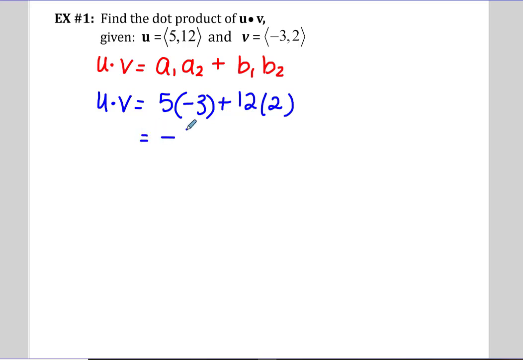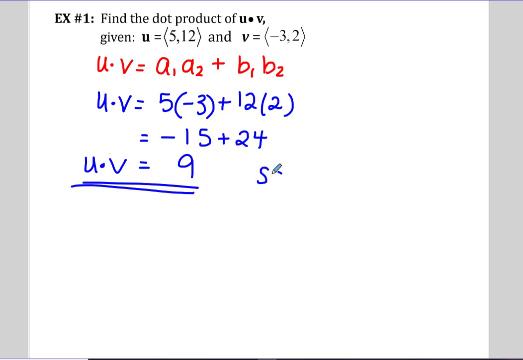So our dot product is -15 plus 24, which ends up being the scalar 9. So u dotted with v is 9. That's a scalar, just a real number, not a vector. It's just a multiplier, a scalar.